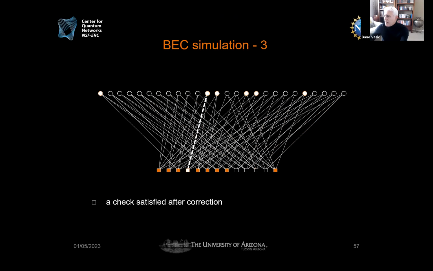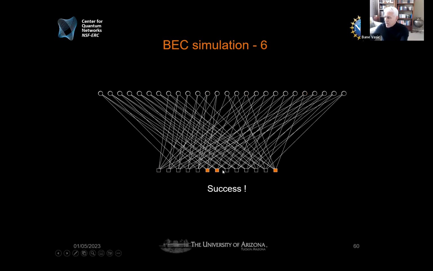So you see, by peeling, I can correct more and more erasures. And then finally, all these checks are used, and obviously these 3 checks are never used, but I was able to correct errors. So you see, it is a very nice and promising way to correct errors because the algorithm is simple. It uses the same rule in every step, in every iteration.